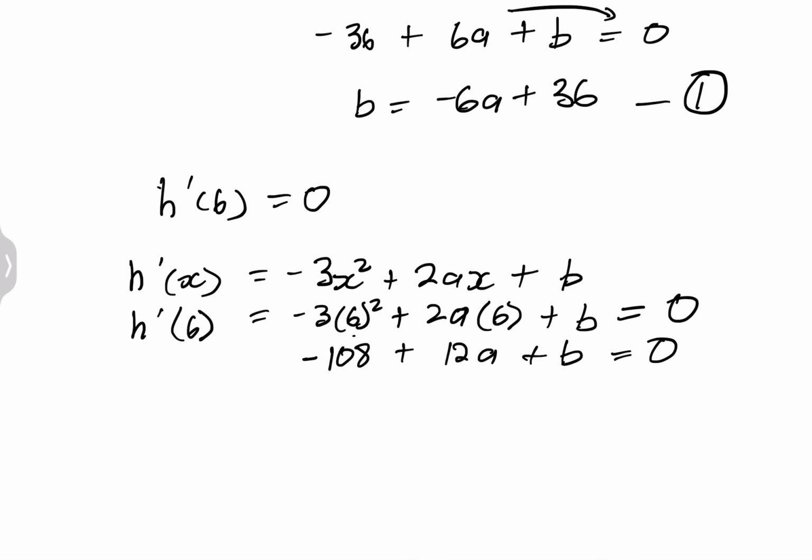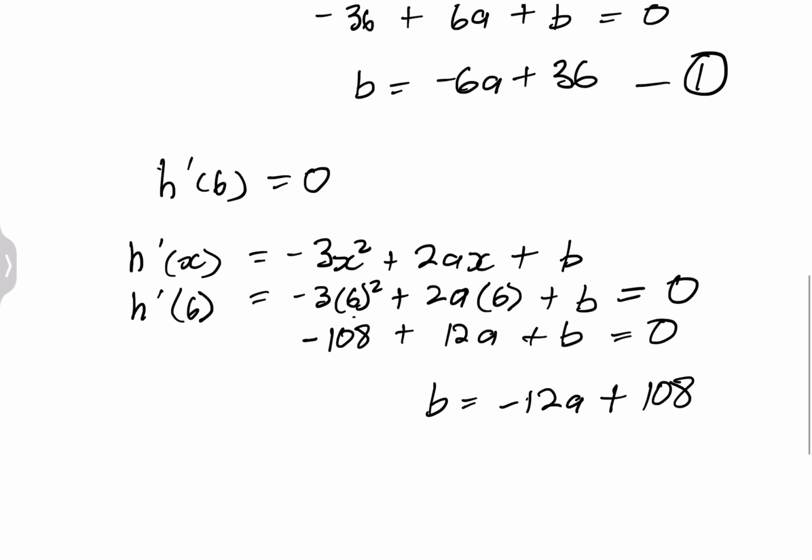Once again, we can isolate b and make it the subject of the formula. So I'll have b equals minus 12a plus 108. Let's call this equation 2. What do we note? Both equation 1 and 2 are equations in terms of b. So it means that equation 1 is equal to equation 2.